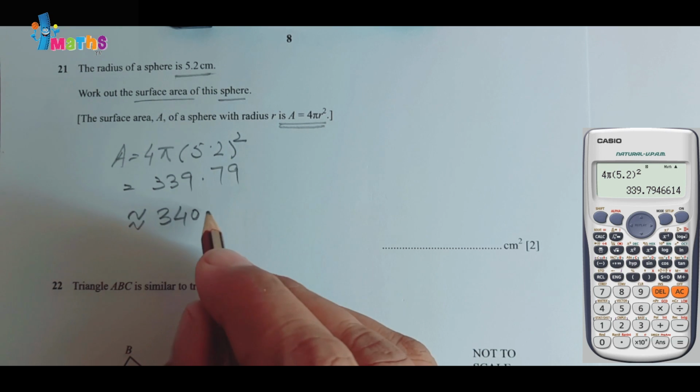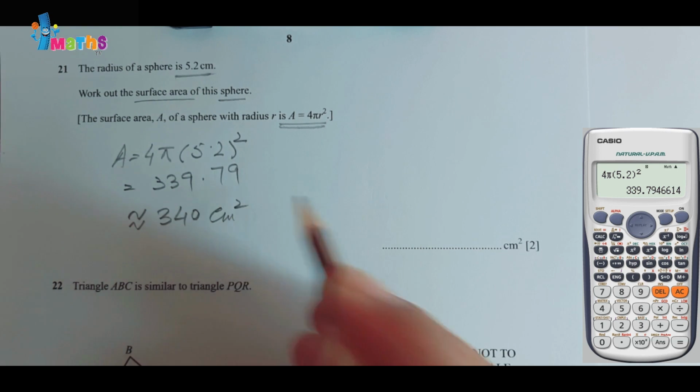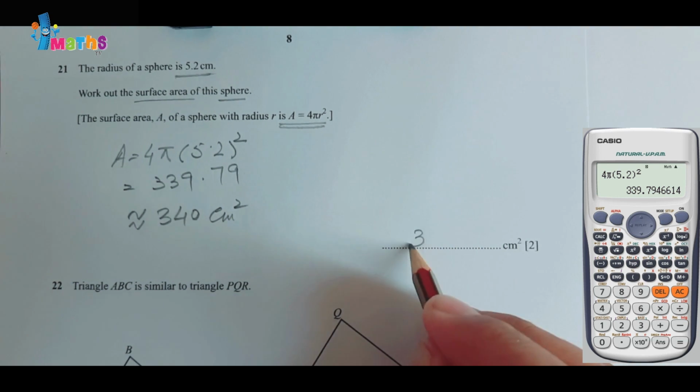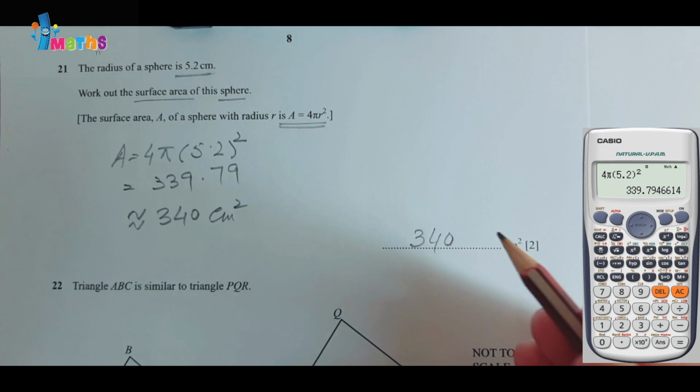Units are centimeters, so we'll write centimeter squared, so it will be 340.